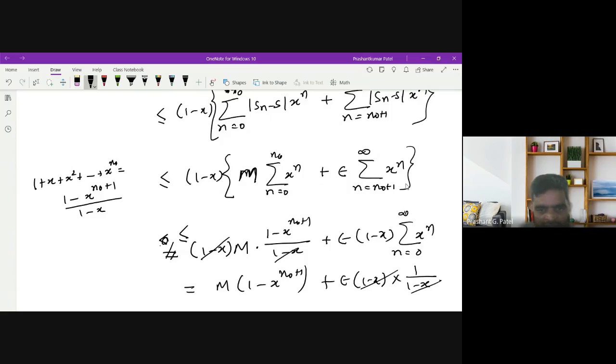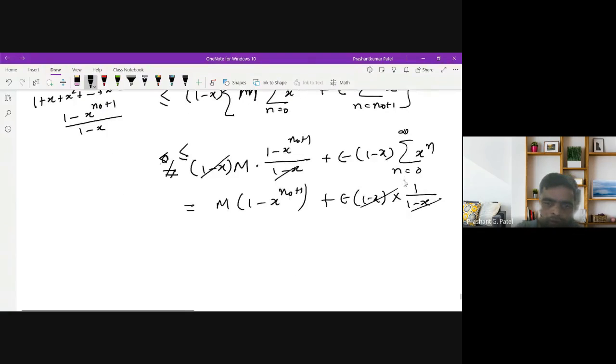This is less than epsilon, and this will tend to 0 as x tends to 1. So I can say this will tend to 0 plus epsilon, and epsilon is arbitrary as x tends to 1 minus.